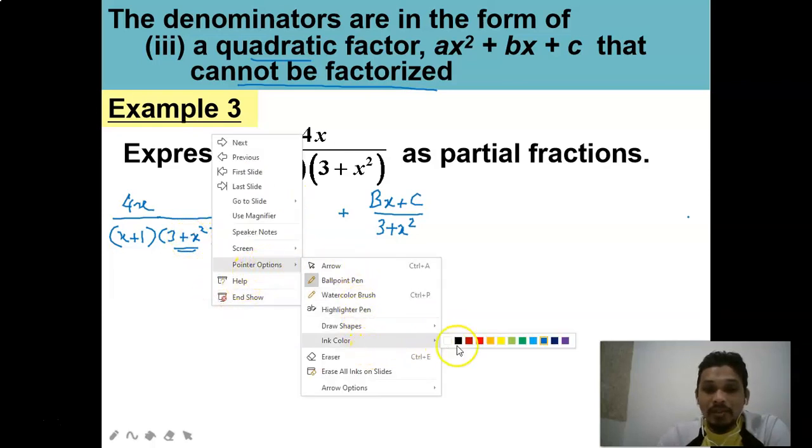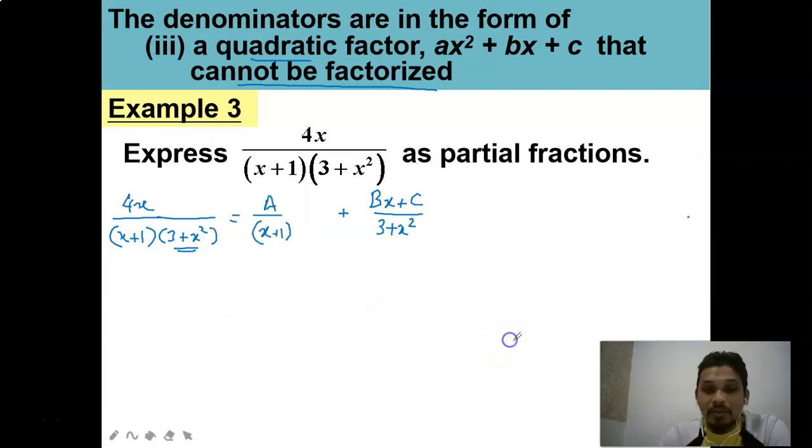So let's compare this with this here. And again, I'm going to use a different ink to make a difference. It has x + 1 here, so it needs another of 3 + x². So multiply with 3 + x², and also here 3 + x².